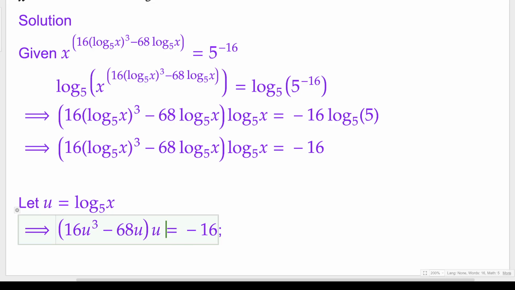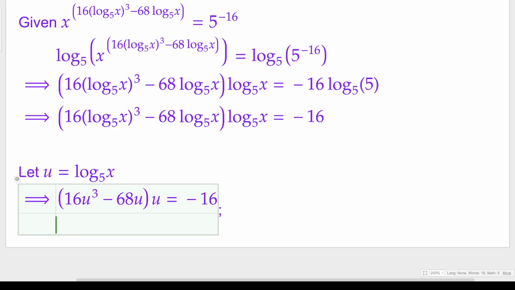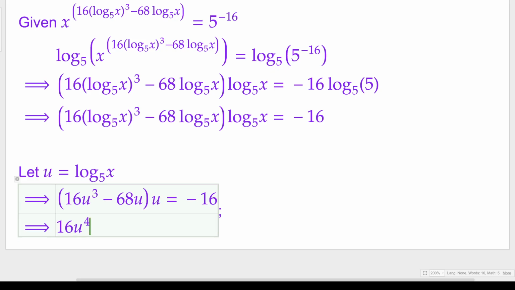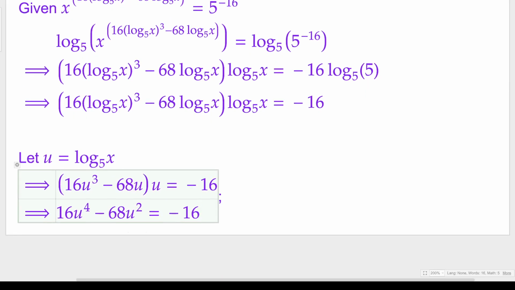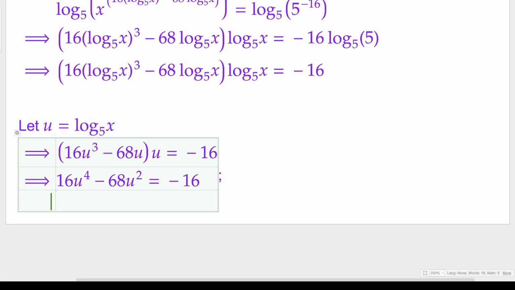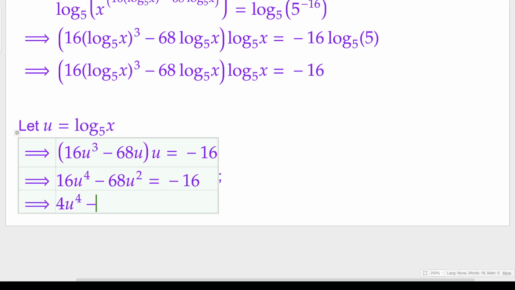Now on resolving this further, I'll get 16 times u to the power 4 minus 68 times u squared, equal to minus 16. If I simplify this further, you can observe clearly that this can be written as 4 times u to the power 4 minus 17 times u squared plus 4, equal to 0.